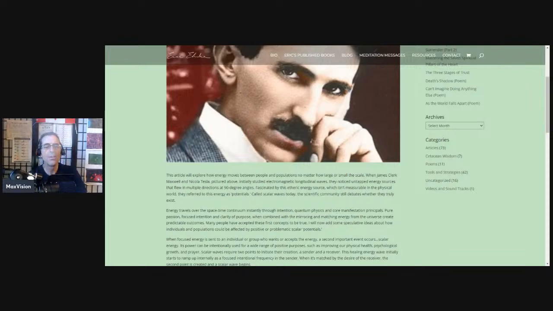Okay. So this article will explore how energies move between people and populations, no matter how large or small the scale. When James Clerk Maxwell and Nikola Tesla, pictured above, initially studied electromagnetic longitudinal waves, they noticed untapped energy sources that flew in multiple directions at 90-degree angles.